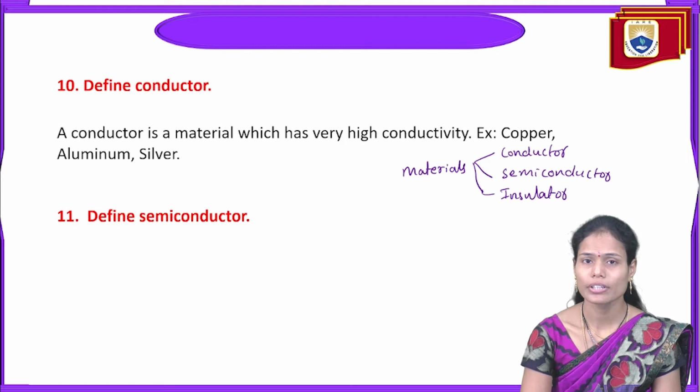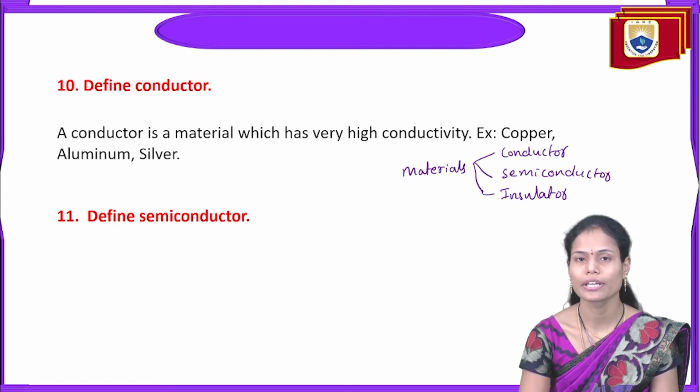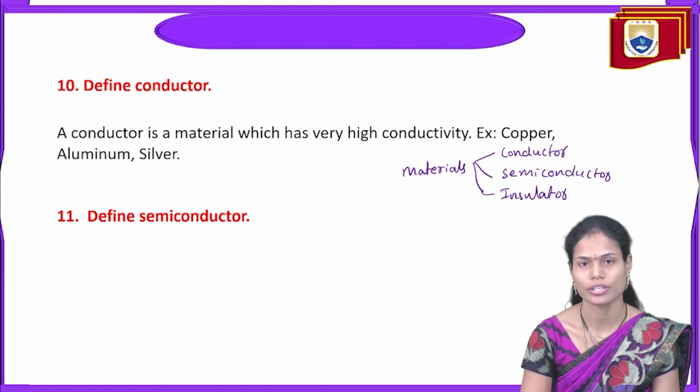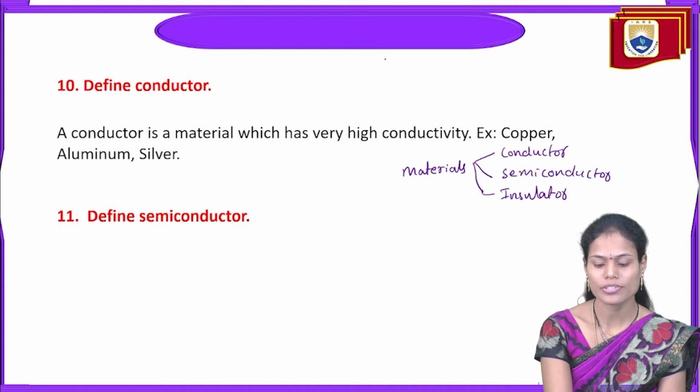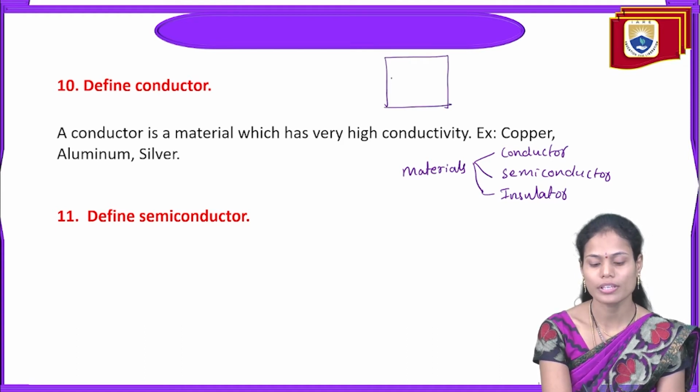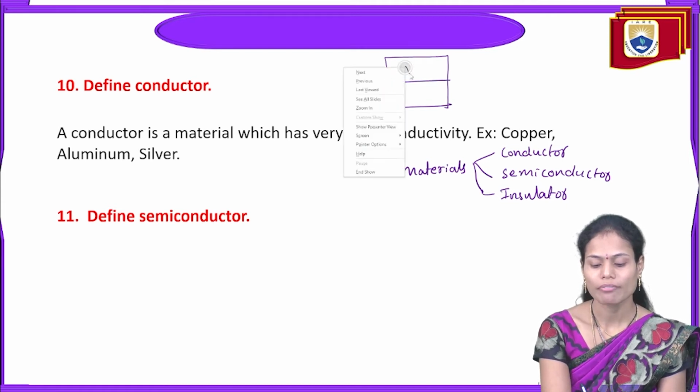The conductivity of any particular material we can differentiate by using its energy band structure. In the case of a conductor, if we see the energy band structure, here we have the valence band and here we have the conduction band.